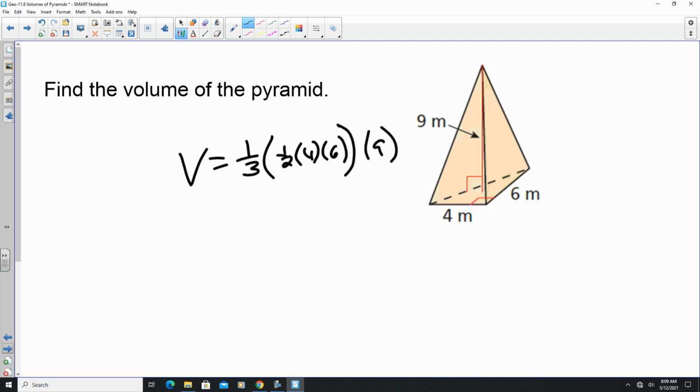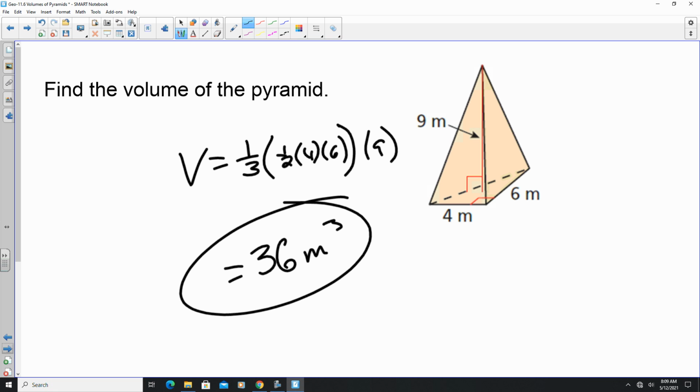So when we do all the multiplication, 1/2 times 4 times 6 times 9 times 1/3, we get a volume of 36 cubic meters.